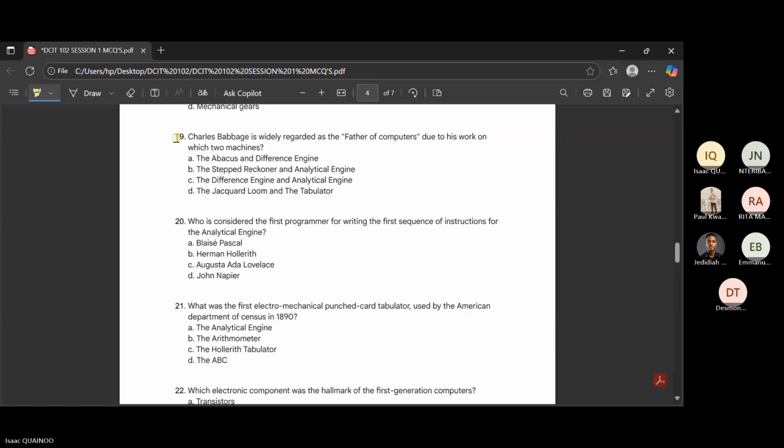Though it's important, there are a lot more things that are important in terms of DCIT 102 as compared to this. I don't know if you're getting me. So in order of importance, section 2 becomes one of my top topics, as in sections 2, 3, 4, in that sequence.